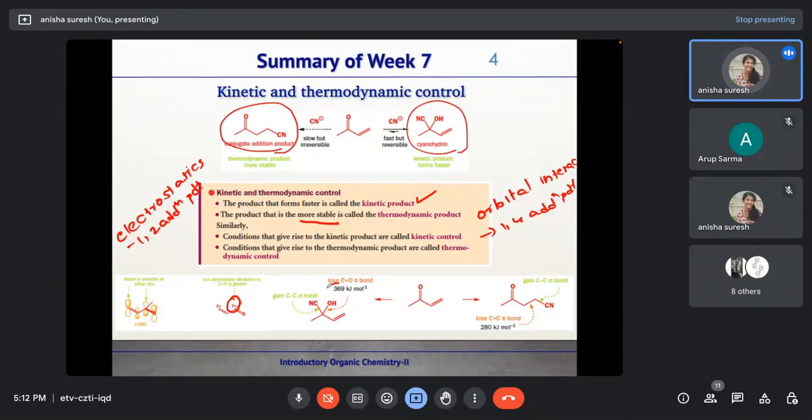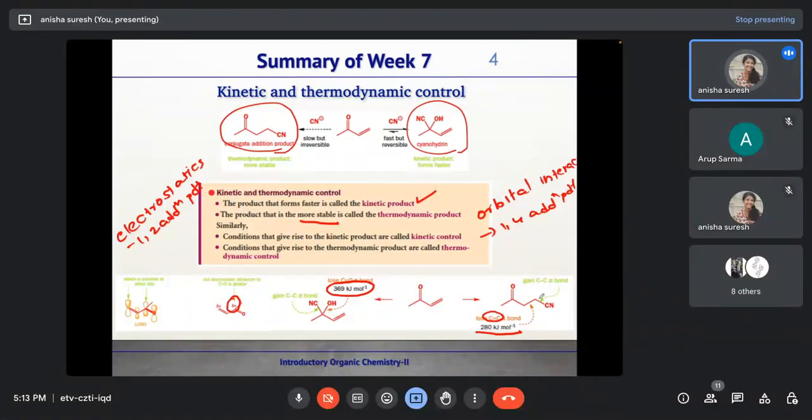The C=O pi bond, which has an energy of 369 kilojoule per mole, is broken. But in this case, the C=C pi bond is broken, and the energy of the pi bond is only 280 kilojoule per mole. So here we are breaking a bond that is higher in energy and giving rise to a C-C sigma bond.